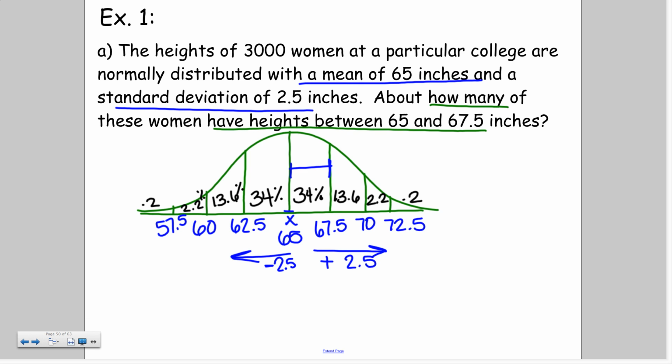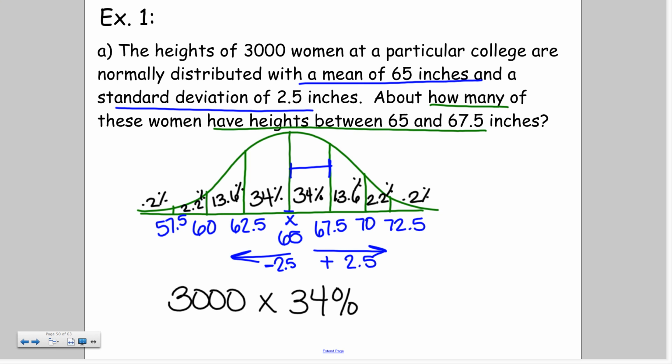That's not my total number. So if I know that I have 34% of my men that are between 65 and 67.5, and I know I have 3,000 men, I have everything I need. So I'm going to take 3,000 and multiply it by 34%.